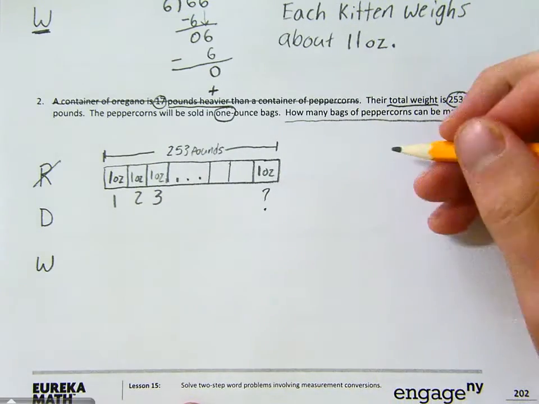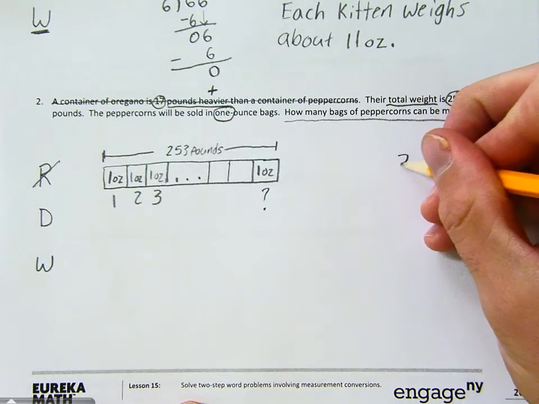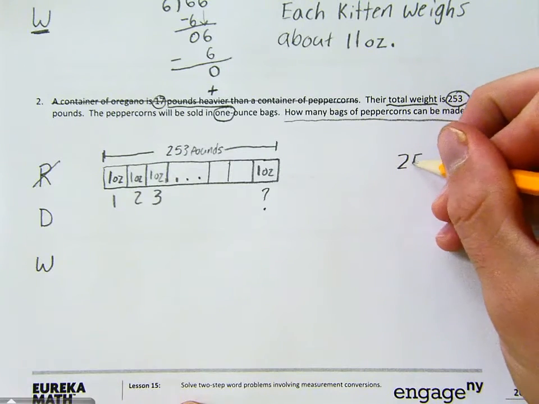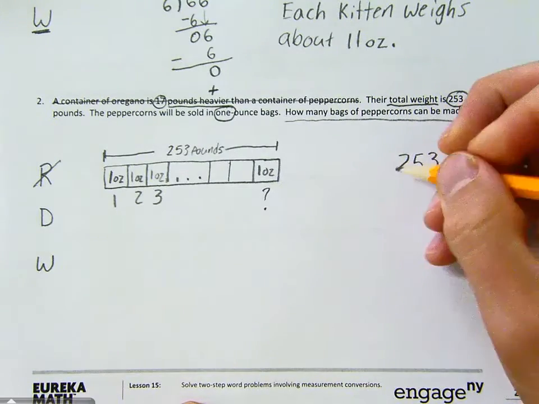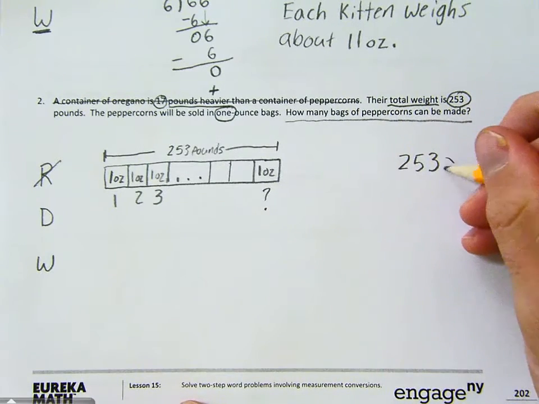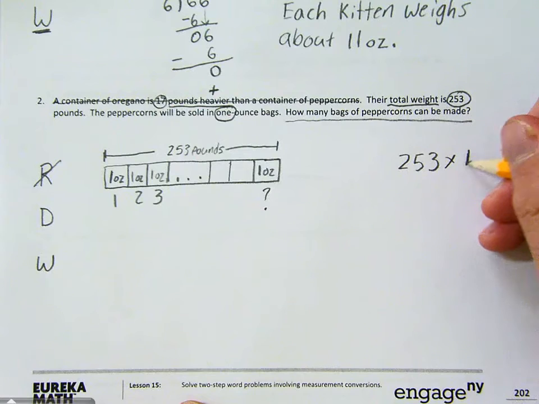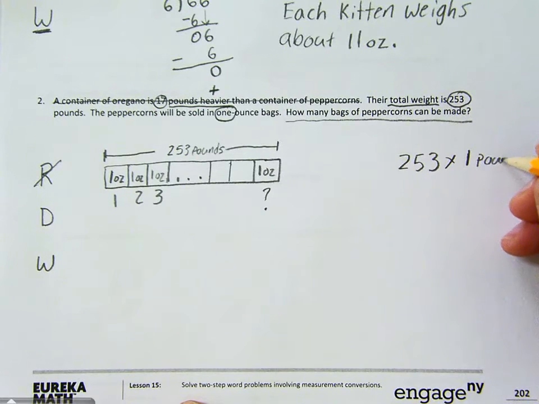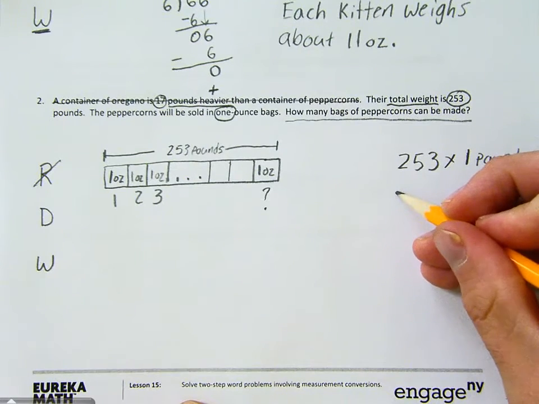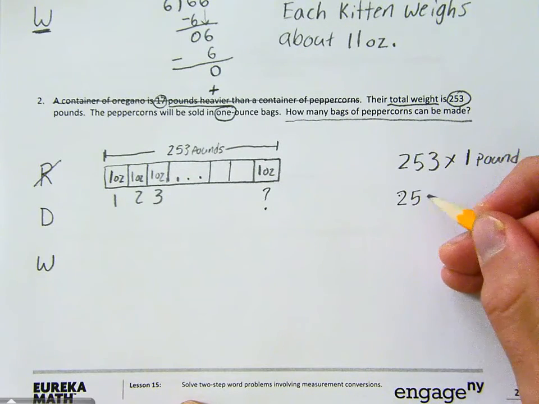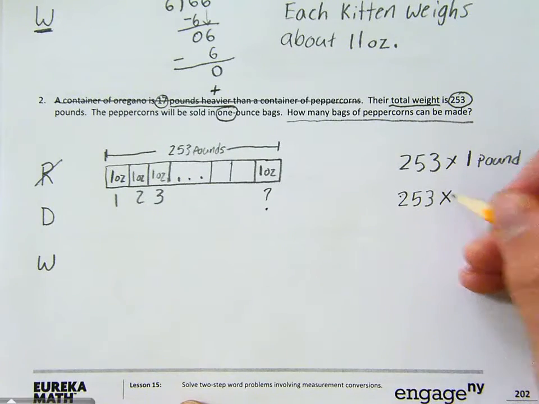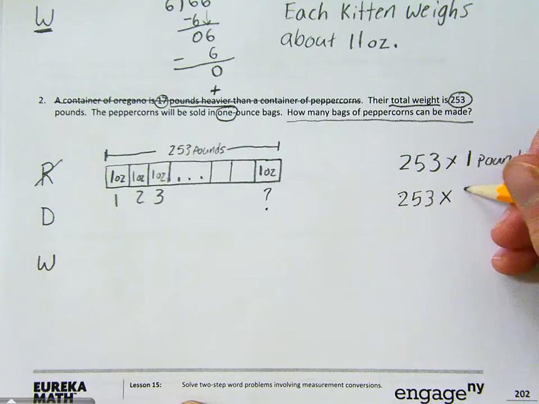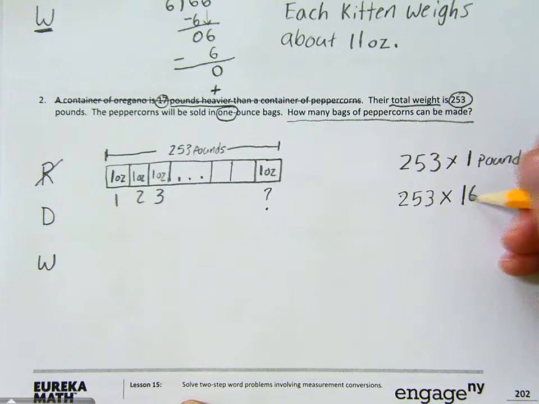In order to do that, I need to take 253 times 1 pound, and convert it: 253 times 16 ounces.